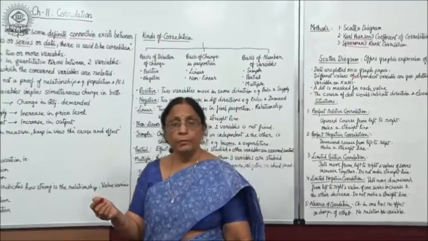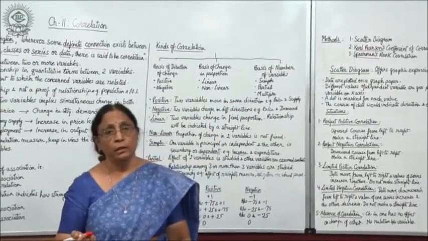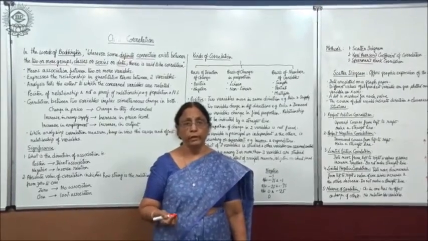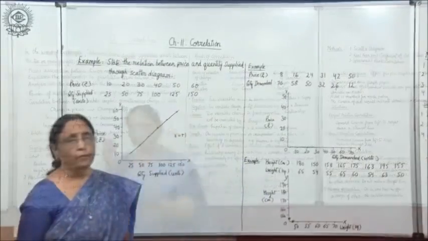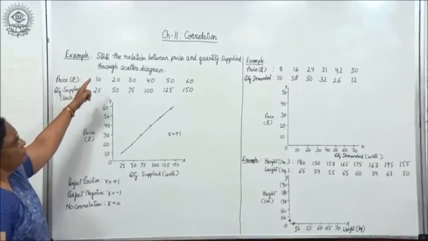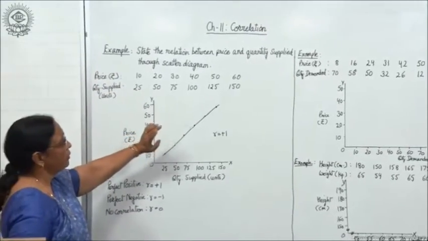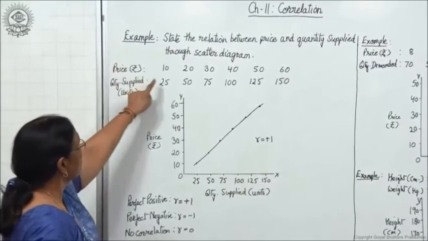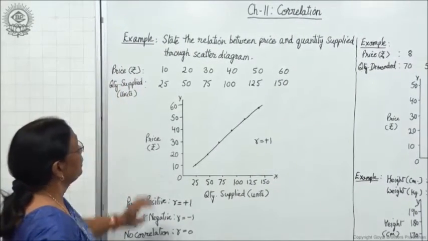I will give you an example to explain how we draw the diagram with the help of given data. Okay children, this is the example I have taken for drawing the scatter diagram. Suppose the data given to you is this, price and quantity supplied.